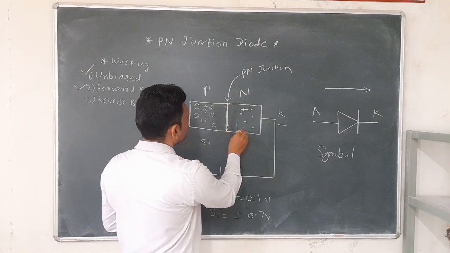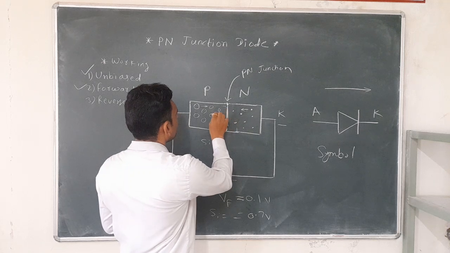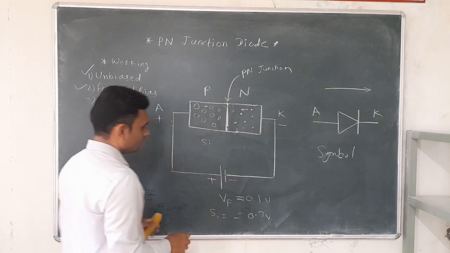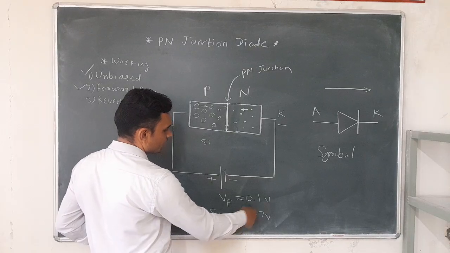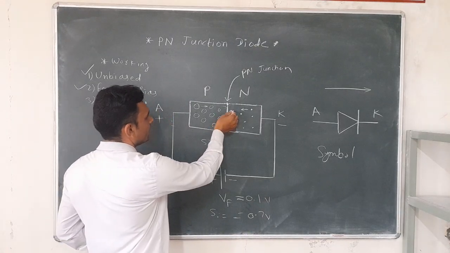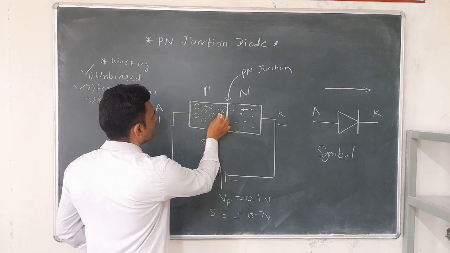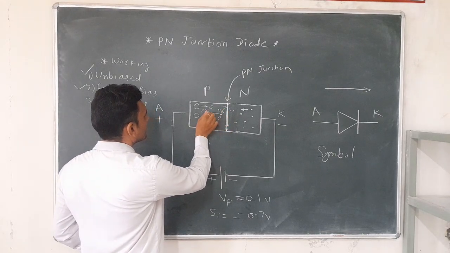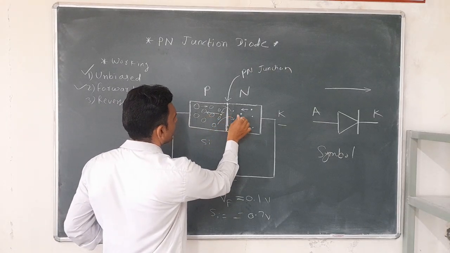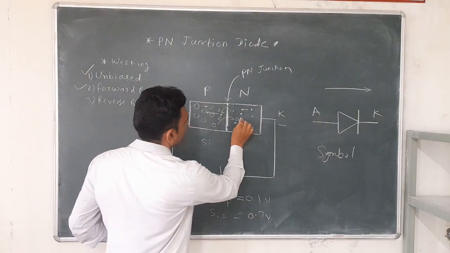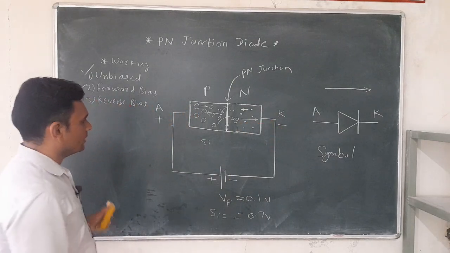This depletion width is minimum, and if we increase this voltage beyond this value 0.7 volt, then electrons cross the junction and enter into the P layer. These electrons are attracted by positive anode. Similarly, holes cross the junction and enter into the N layer. Positive holes are attracted by the negative cathode terminal.